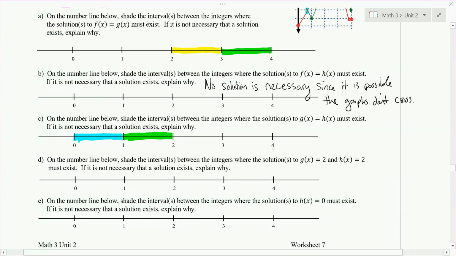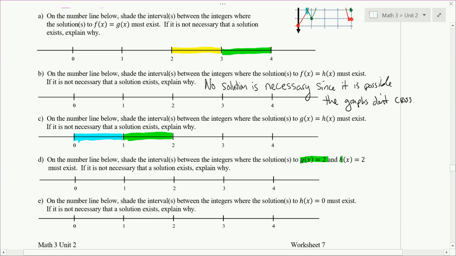D, on the number line below, shade the interval or intervals between the integers where the solutions to g of x equals 2 and h of x equals 2 must exist. If it's not necessary the solution exists, explain why. So we want an interval where both of these are true.